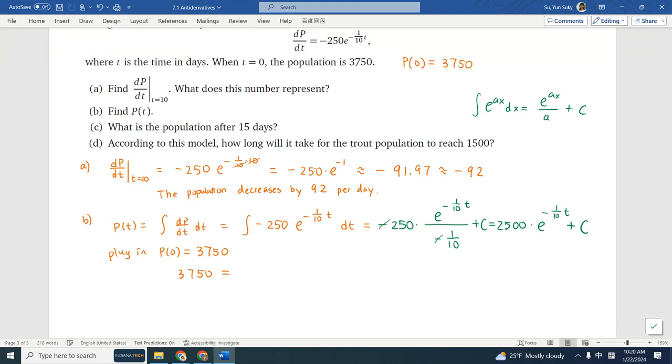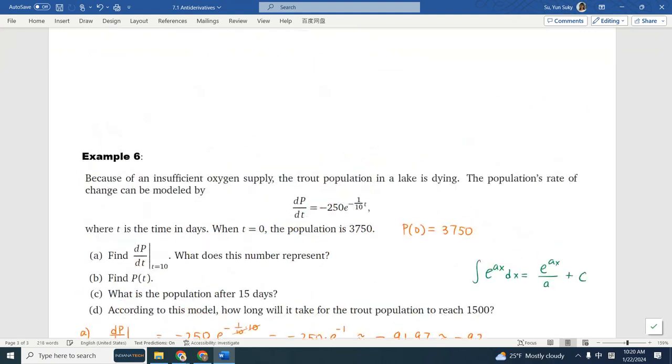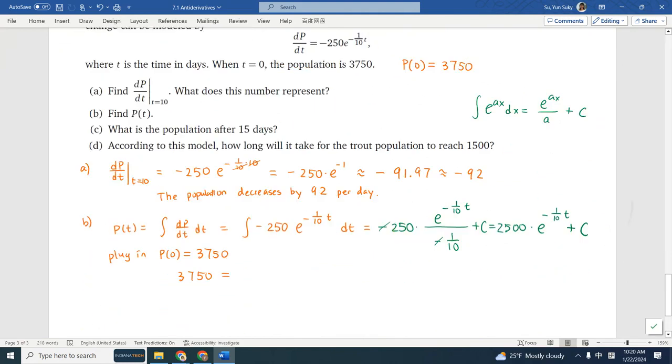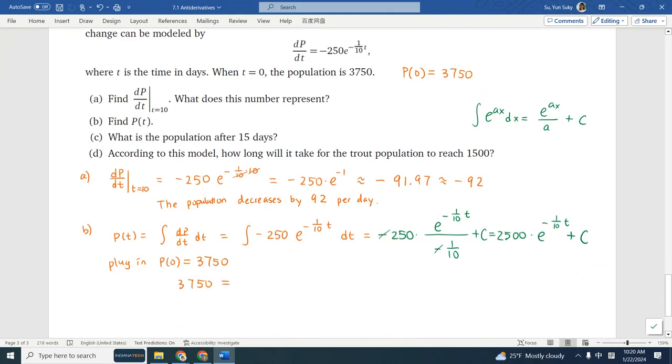Do you see like the last problem where we plugged in the initial condition? Because we had a power function, when you plug in 0, the terms are just gone and we just get C is the initial condition. But in this problem, when you have an exponential function, you've got to be very careful.